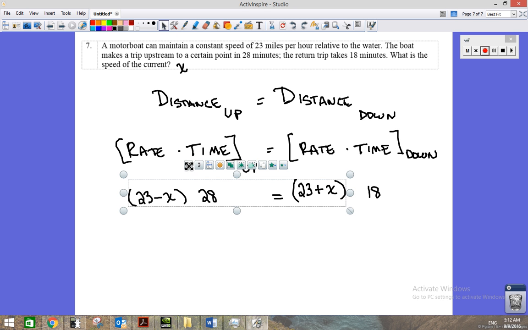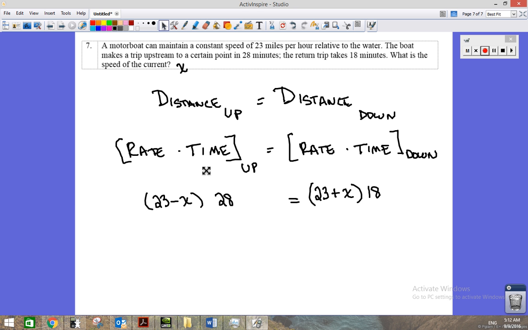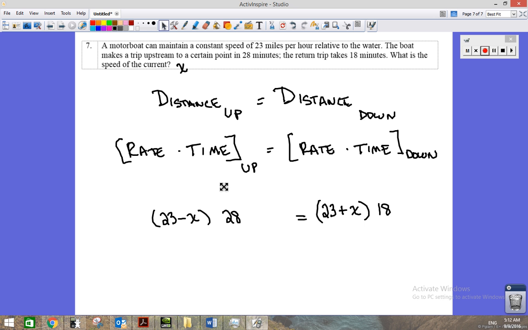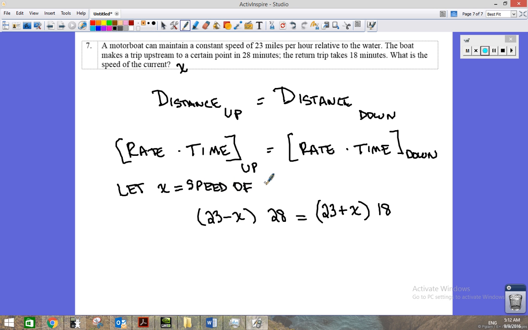So let's write that down. I lost the 18 there. Here, let's scoot this a little bit closer here. And our units is miles per hour.